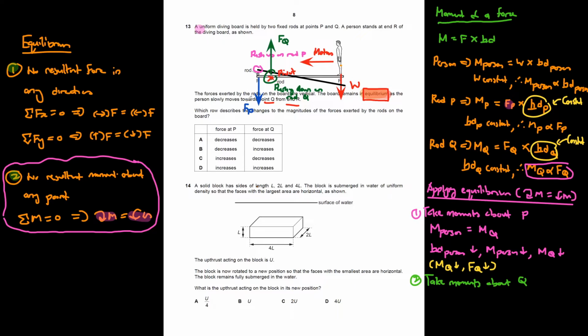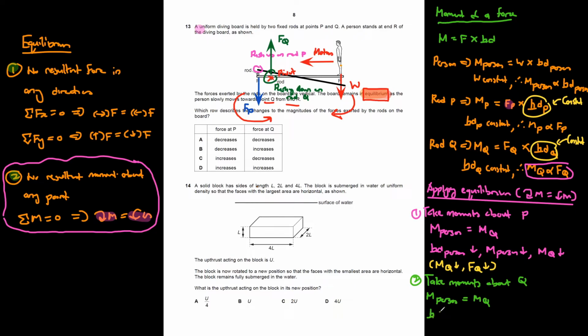So what does the moment caused by FP look like? It will be counterclockwise, whereas the moment caused by the weight will be clockwise. You see, they are equal and opposite. They should be equal and opposite if they're in equilibrium. So I could actually say the same thing here.